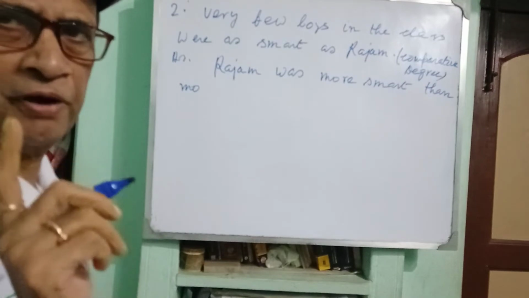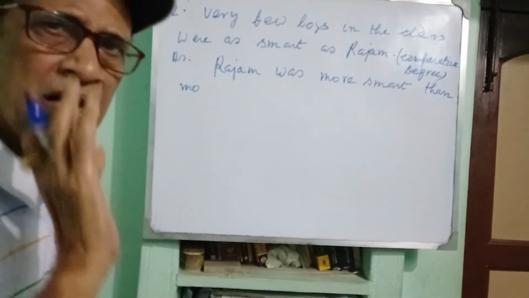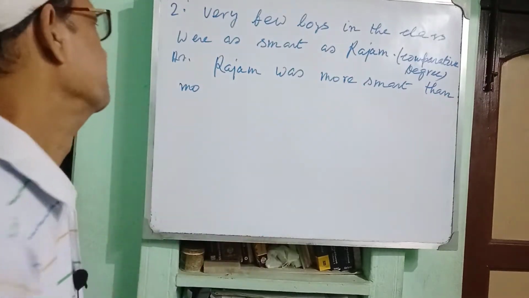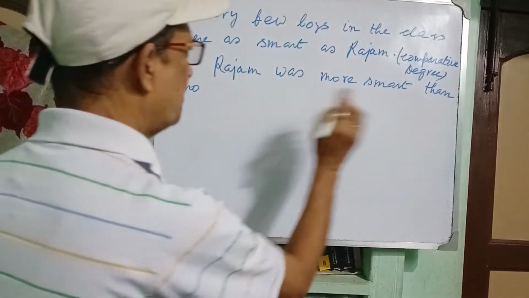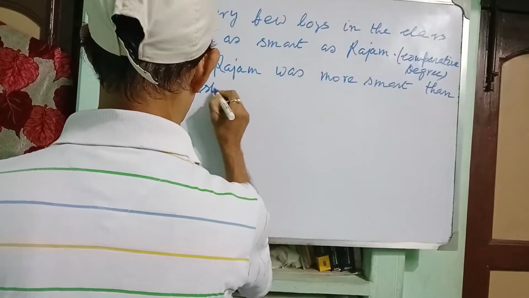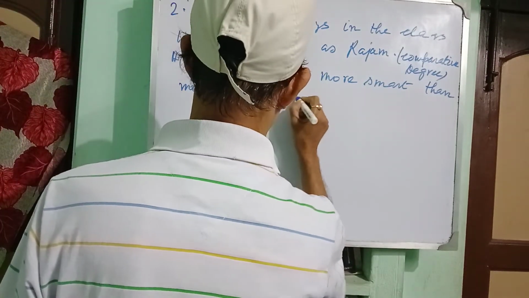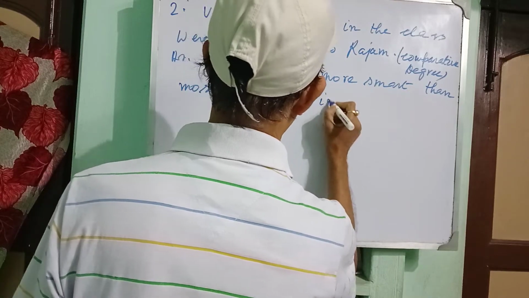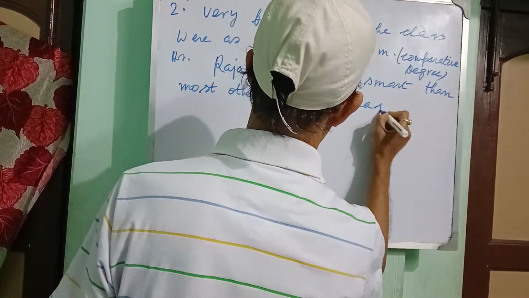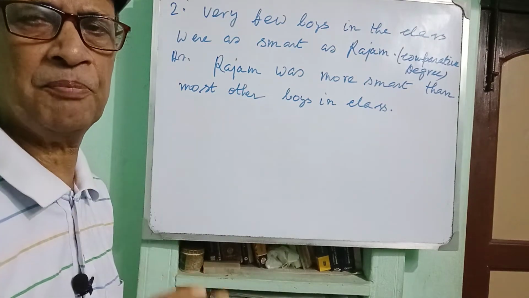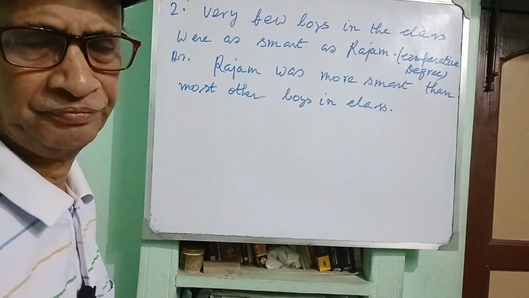When there is very few, you must use most other in comparative degree. Just follow me. Rajam was more smart than most other boys in the class. Okay? It is an example of comparative degree.